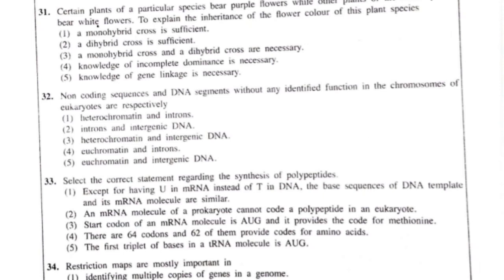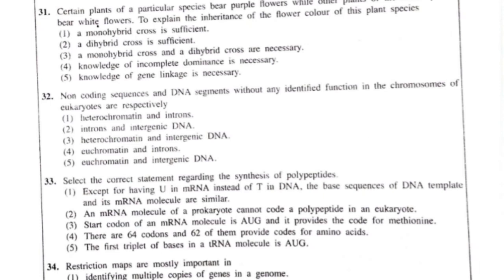Question number 32. Non-coding sequences and DNA segments without any identified function in the chromosomes of eukaryotes are respectively. So the answer is the second one, introns and intergenic DNA. If we talk about our DNA, there are genes, but between these genes there are some gaps. These gaps, that means sections of DNA between the genes, are called intergenic DNA.